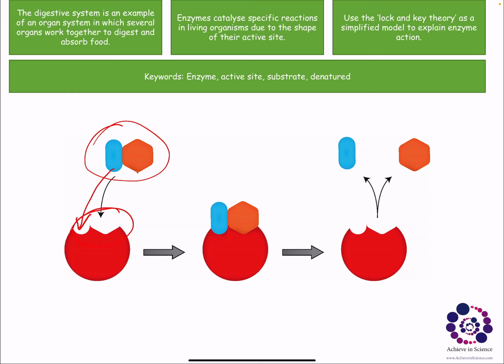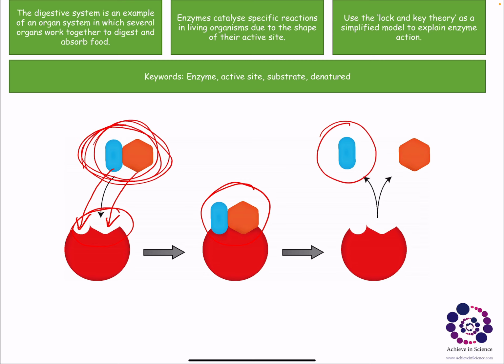That's the enzyme substrate complex. The enzyme then does its job, breaks it down, and that, which was an insoluble large molecule, is now broken down to two smaller soluble molecules, and they leave. And the active site does not change, and it is ready to receive the next substrate.